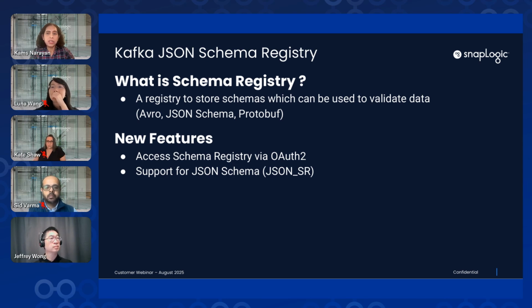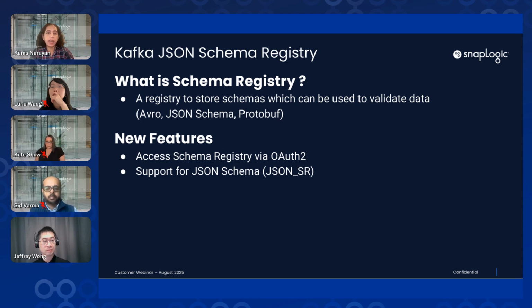So, what is Schema Registry? It's just a centralized service for managing and storing your schemas. This allows the messages to have data consistency and also validation features, so that every message flowing through the Kafka system has the same format and structure.